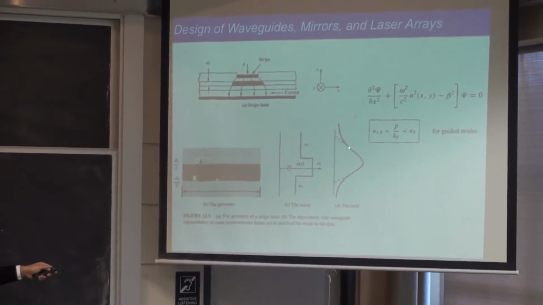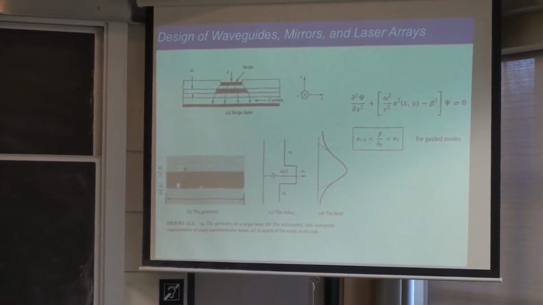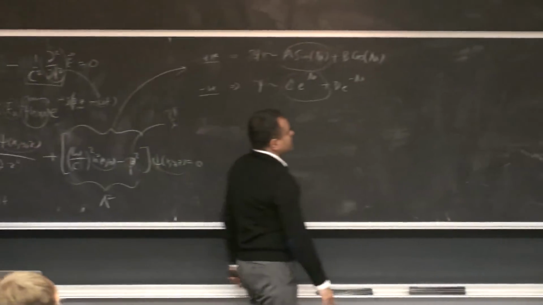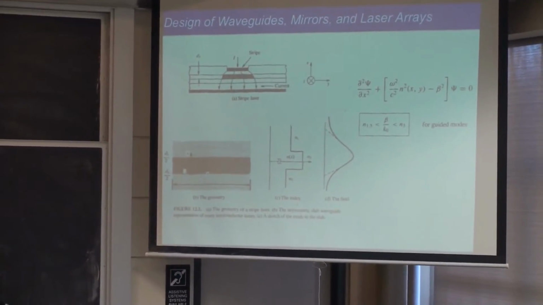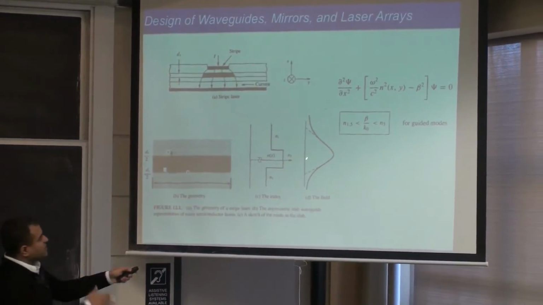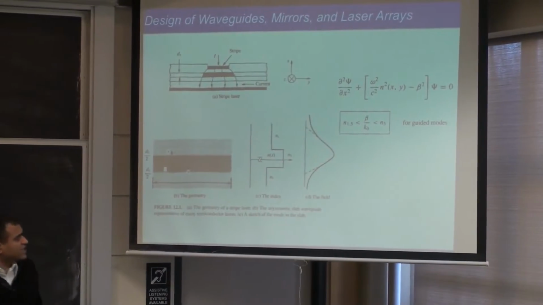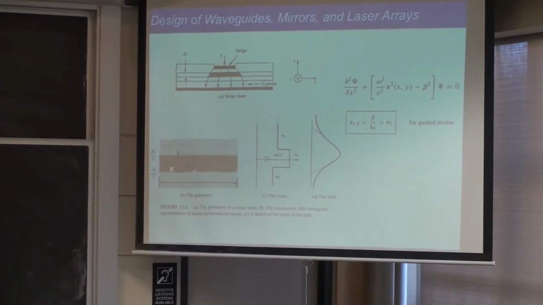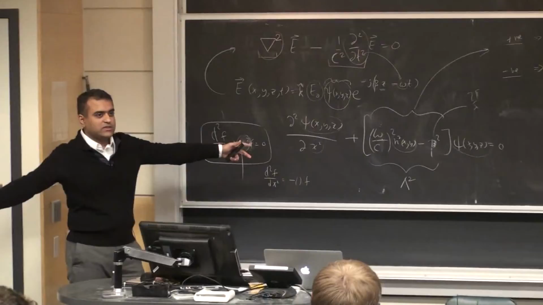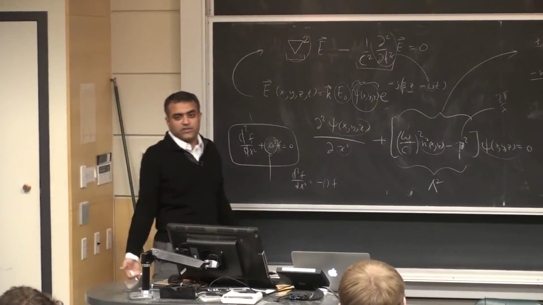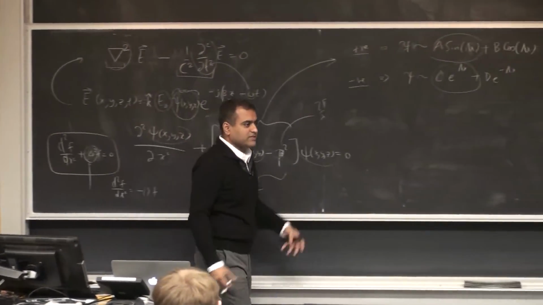And then outside, if the refractive index becomes smaller, this term becomes smaller than that, then you get exponential decay outside, so the tails, right? And the length scale of these tails is of the order of the wavelength of the light itself. For electrons you can cut it off within 1 or 2 angstroms, but for light it is a fraction of the wavelength. So it's about 100 nanometers or 50 nanometers, depending on the wavelength of light.